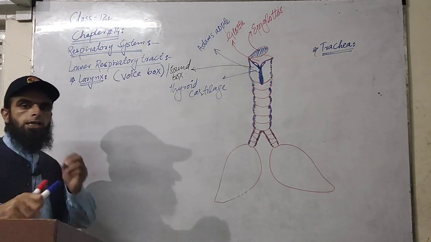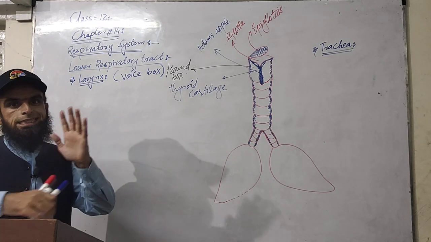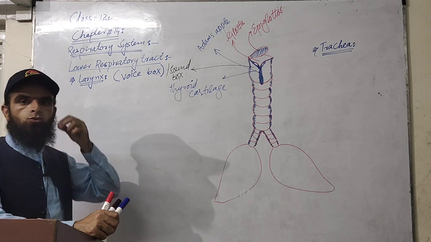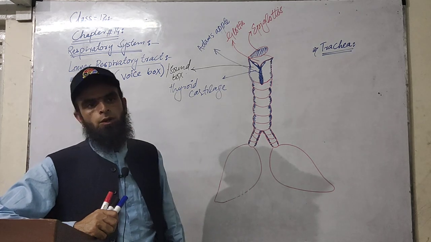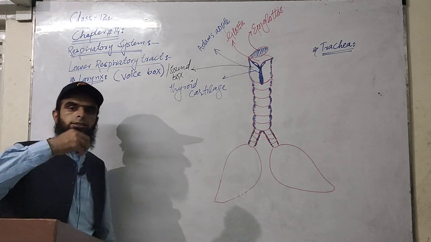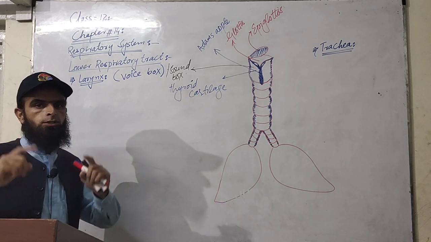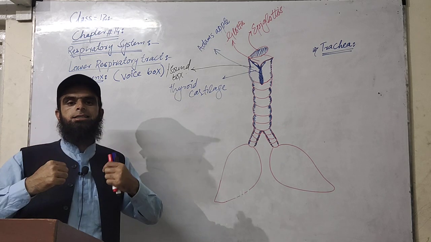This epiglottis helps to seal the pathway of the respiratory tract during swallowing of any food particles or drinking of any fluids. Whenever we drink or eat any kind of food, our breathing system stops and swallowing or drinking starts.